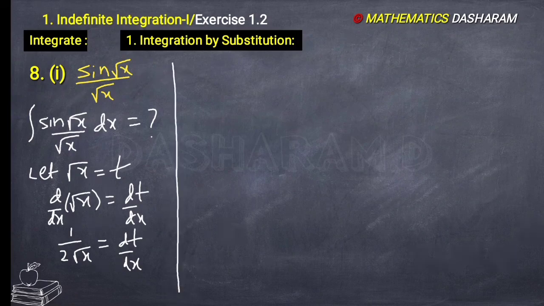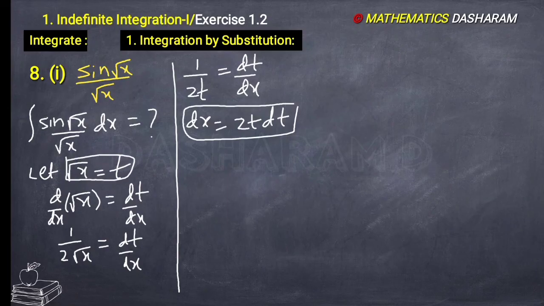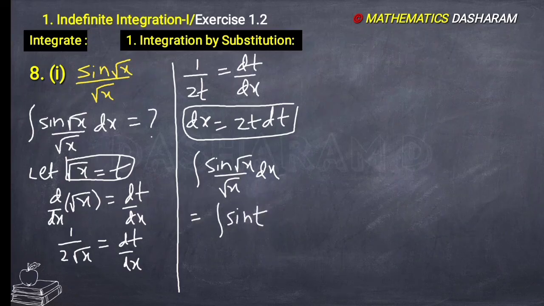But here root x is selected as t. So 1 by 2t equals dt by dx. Now do cross multiplication, dx equals 2t into dt. Substitute these values in the given question. So integration of sin root x by root x dx equals integration of sin t, where root x is t and dx is 2t into dt.